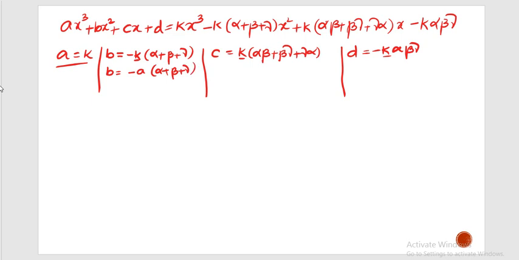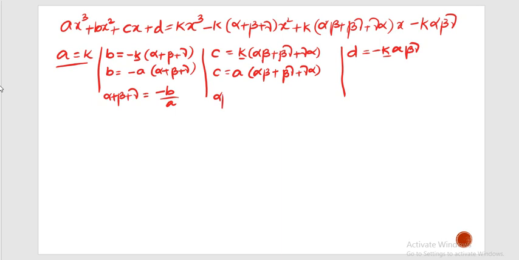So from this what I can say, alpha plus beta plus gamma is equal to minus b by a. So what we got in the earlier condition, right? Same way here also, c is equal to a times alpha beta plus beta gamma plus gamma alpha.